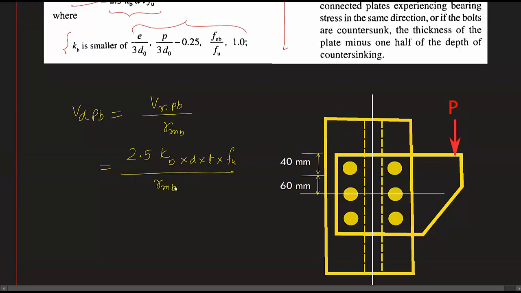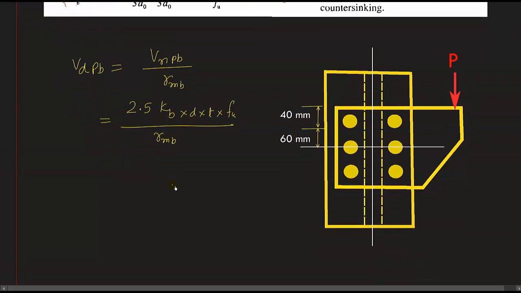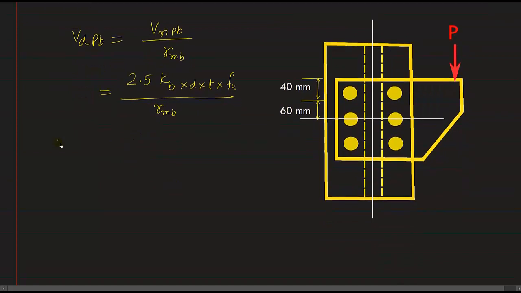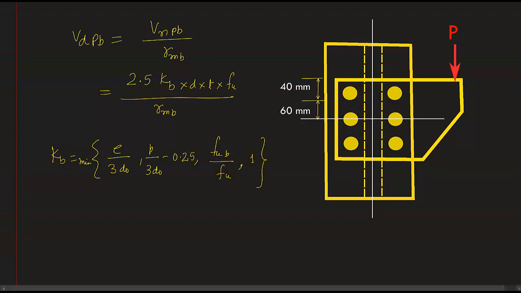So let us first find the term Kb. Kb is the minimum of e by 3d naught, p by 3d naught minus 0.25, Fub divided by Fu, and finally 1. So we have to find the minimum of all this.